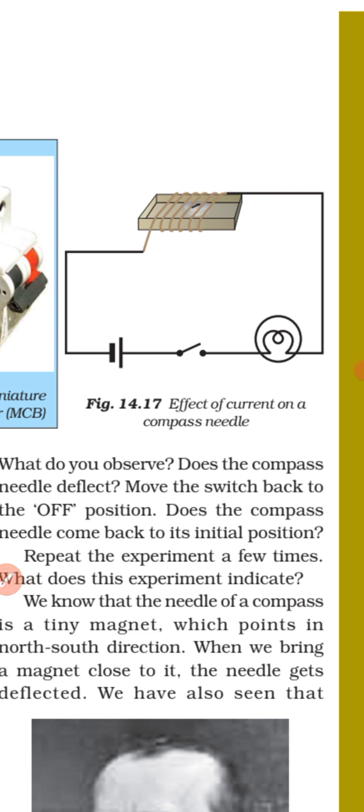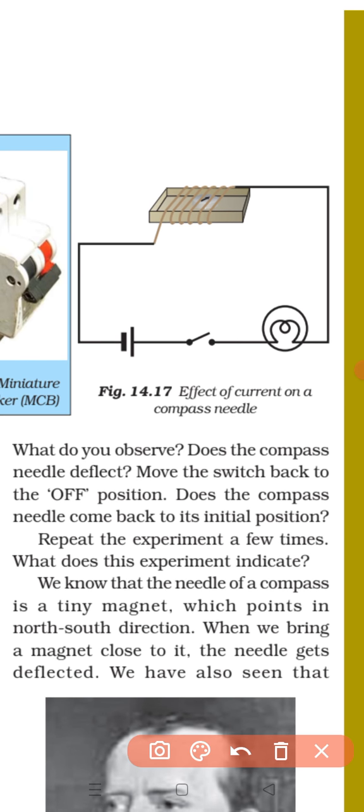Now, move the switch back to the off position. If the switch is moved back to the off position, does the compass needle come back to its initial position? If we move the switch back to the off position, the current will again stop flowing.